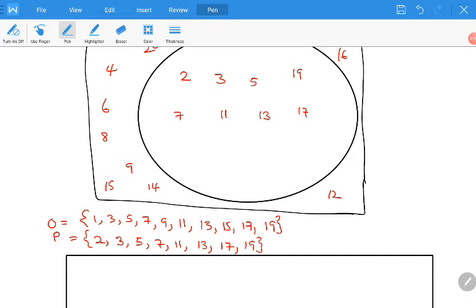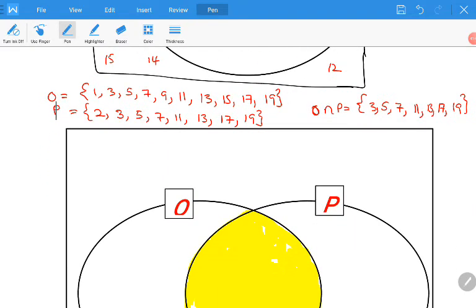So the intersection, odd numbers intersection prime numbers, we have 3, 5, 7, 11, 13, 17, and 19.